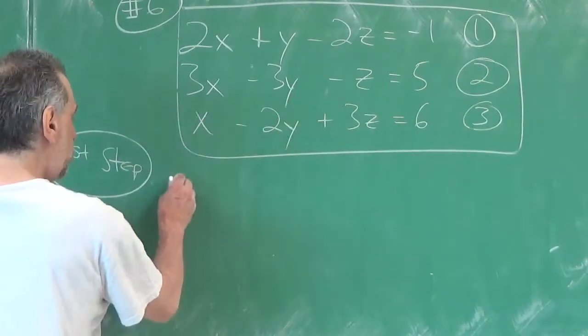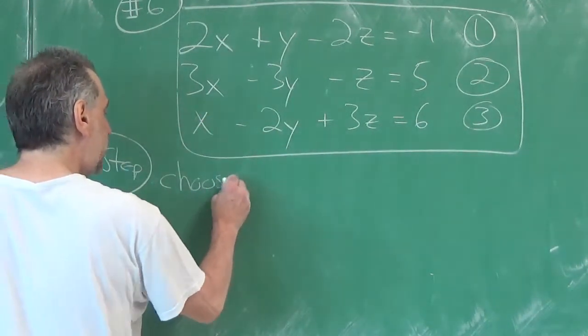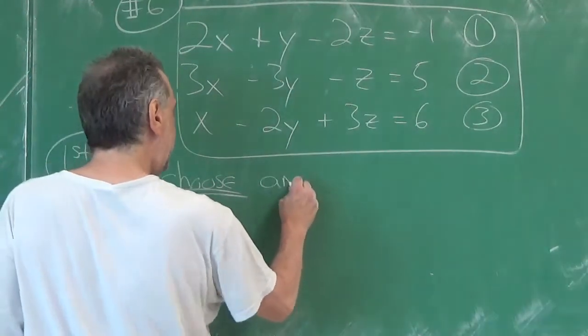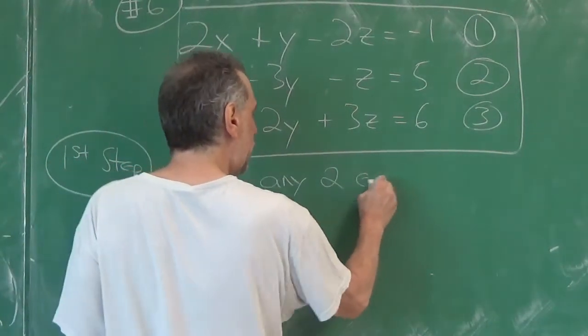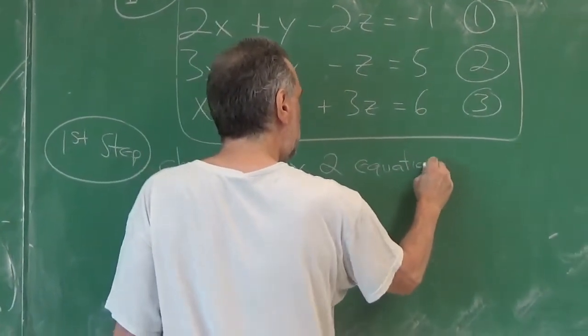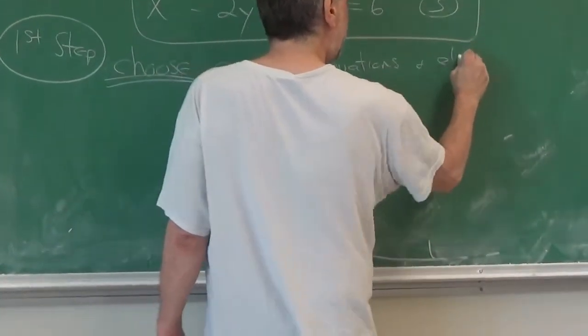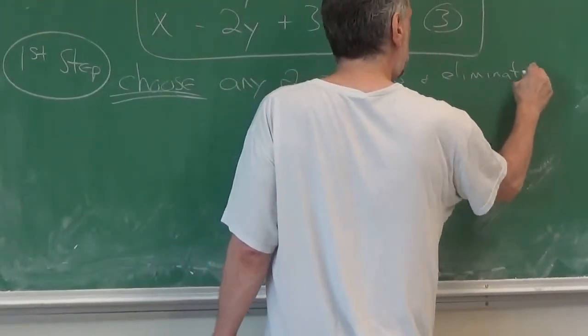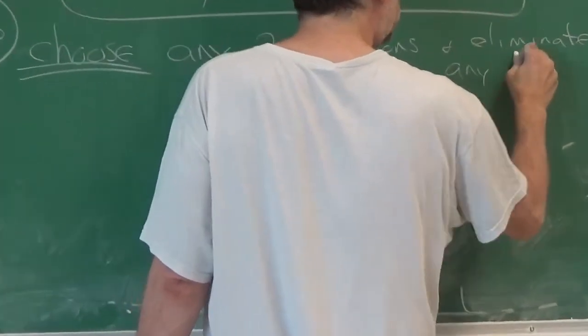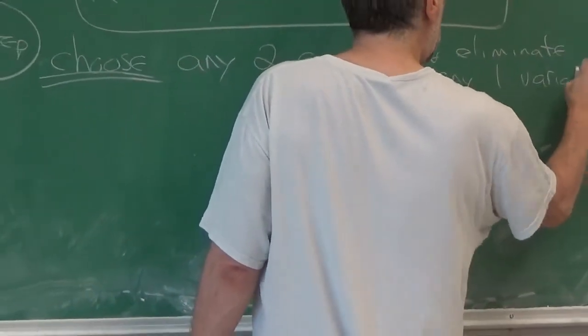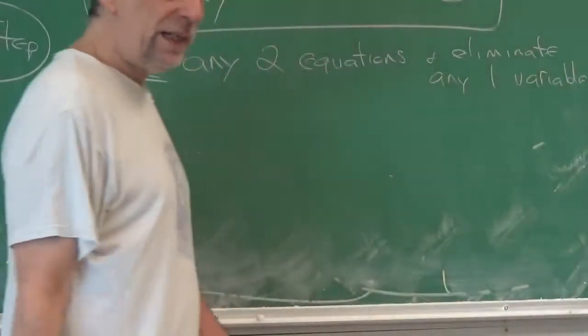Okay, so in this first step, you choose any 2 equations and eliminate any one variable. So, different people are going to make different choices here.